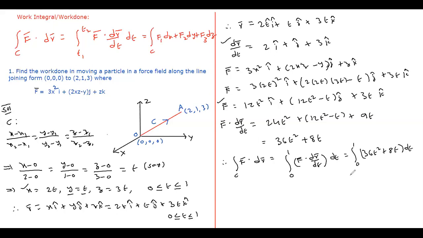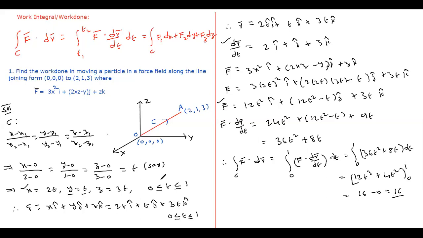The t square integration is t cube by 3. So this is 12t cube plus 4t square from 0 to 1. When you substitute the limits, you will get 12 plus 4, 16 minus 0, equal to 16.